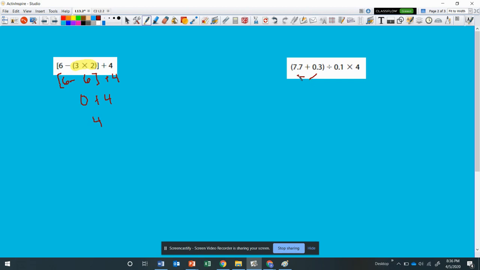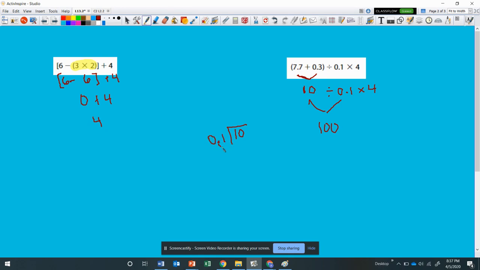Okay, let's try this one over here. Parentheses first, 7.7 plus 0.3 would be 10, or 10.0, divided by 0.1 times 4. Okay, now it's all division and multiplication, so we're actually going to do this step next. 10 divided by 0.1 is actually going to end up being 100.